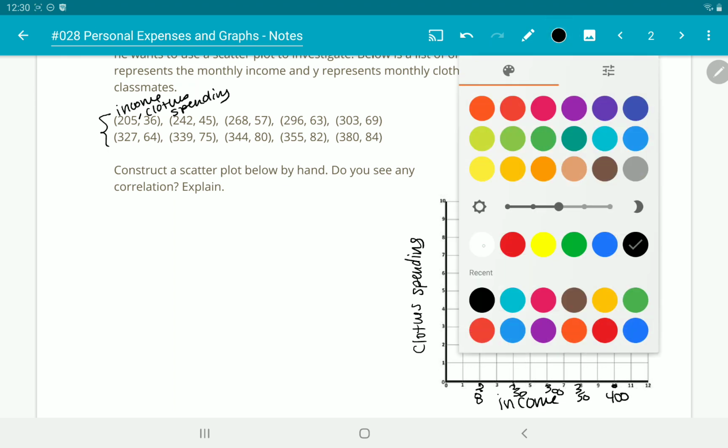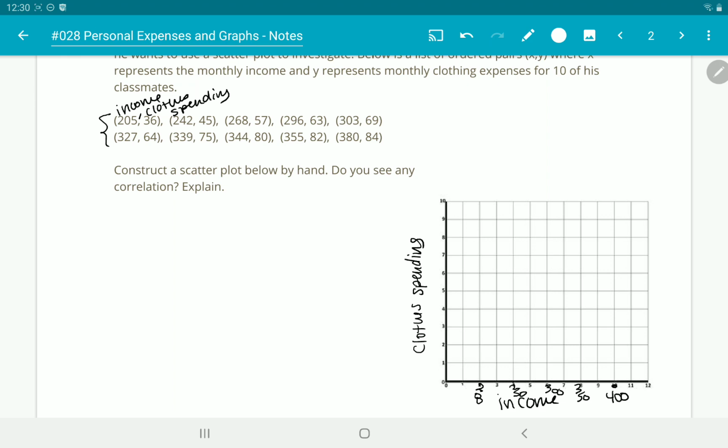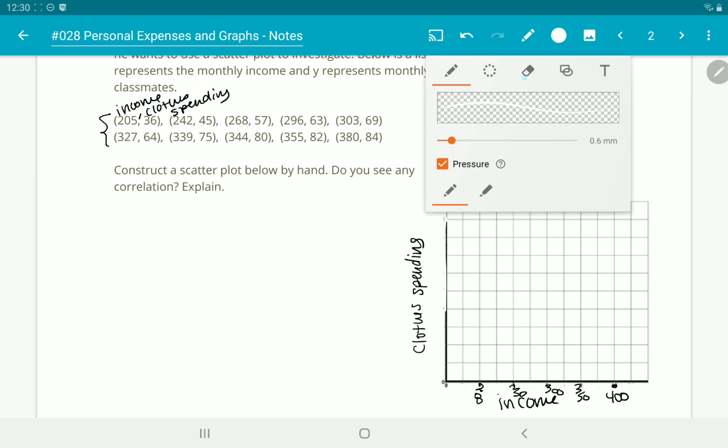I'm going to go ahead and erase these other ones just to make it a little easier to see what we're actually looking at. And then we will go ahead and change the axes labels on the side as well, so I'll go ahead and erase these.